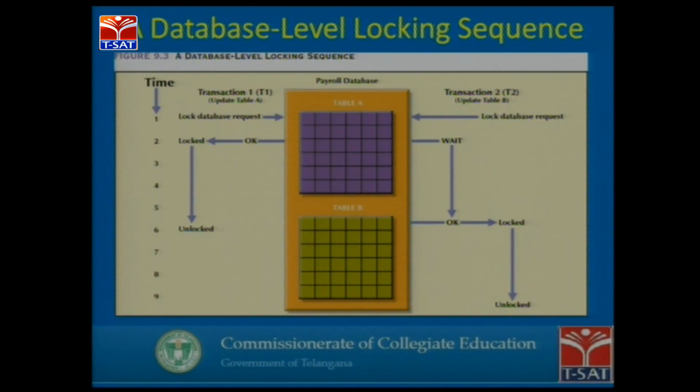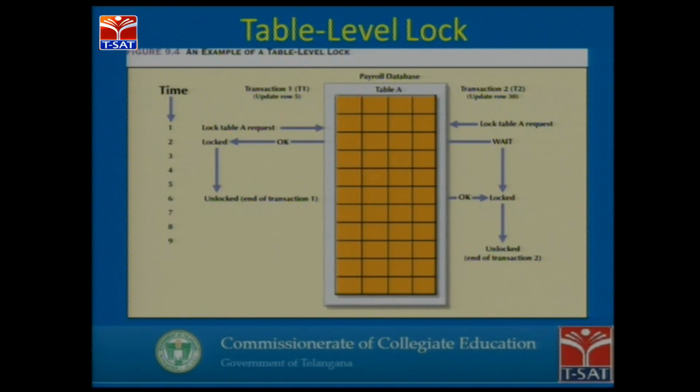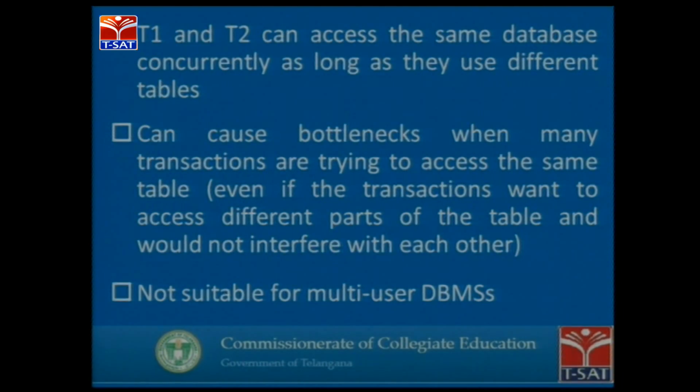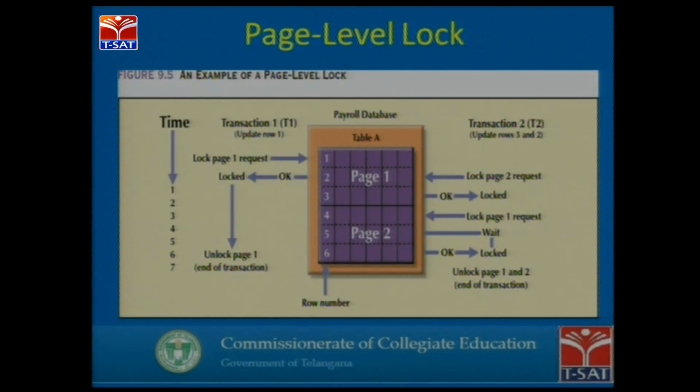This clearly shows applying a lock at the database level, and this image shows applying a lock at the table level. And this clearly shows applying a lock at the page level.